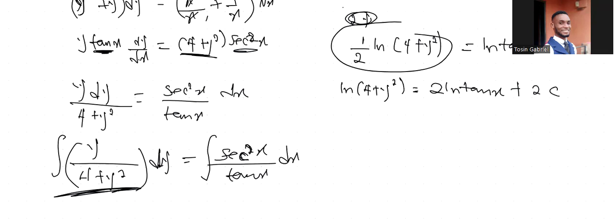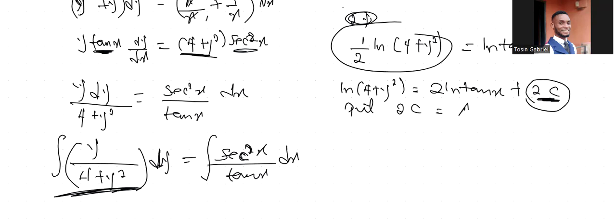Okay, now anytime you're solving a differential equation problem and you end up with a constant that now has a coefficient, you can simply put 2c equals a.